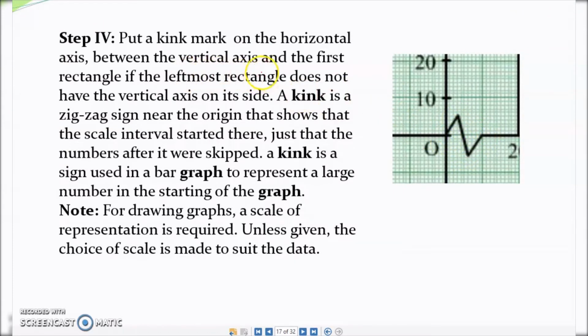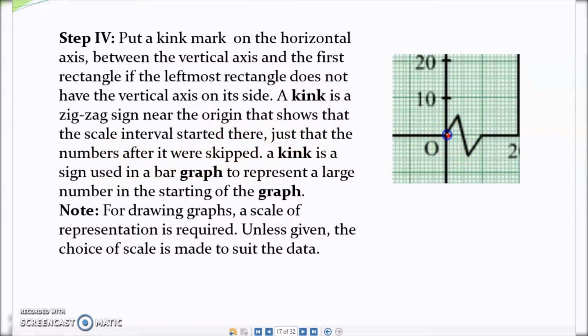Now why is it made? Put a kink mark on the horizontal axis between the vertical axis and the first rectangle if the leftmost rectangle does not have the vertical axis on its side. That means if it is not beginning from the point 0, then you have to put a kink. It is a zigzag sign near the origin that shows that the scale interval started there, just that the numbers were skipped.